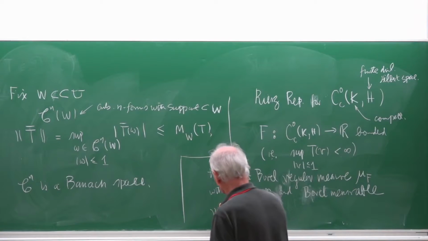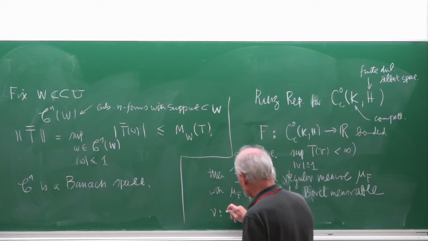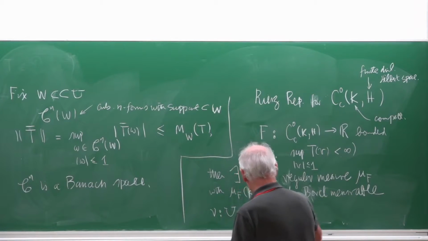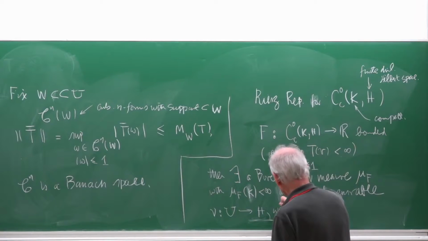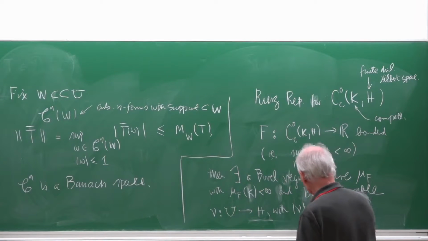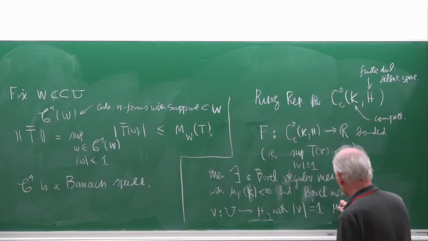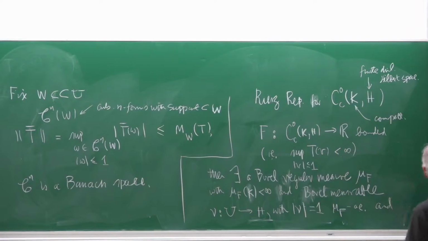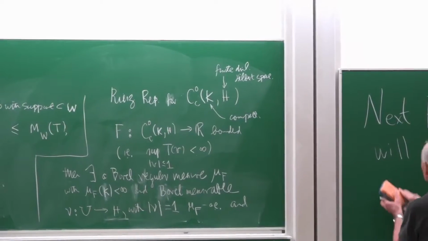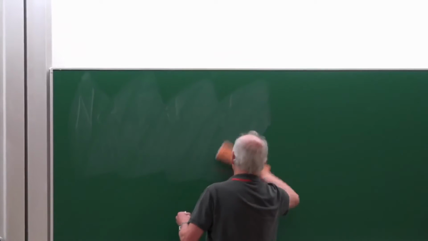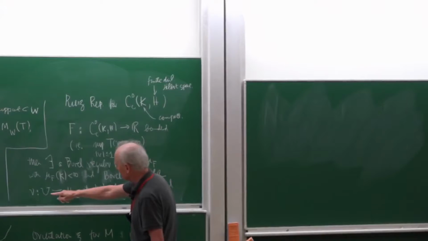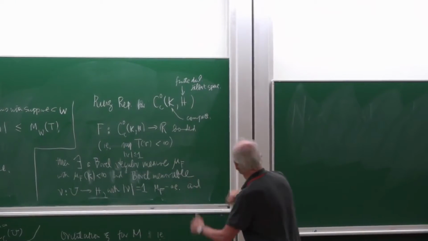A unit function U into H, so it's defined on U into H with |u| equals 1, mu almost everywhere, and with F given by integration.